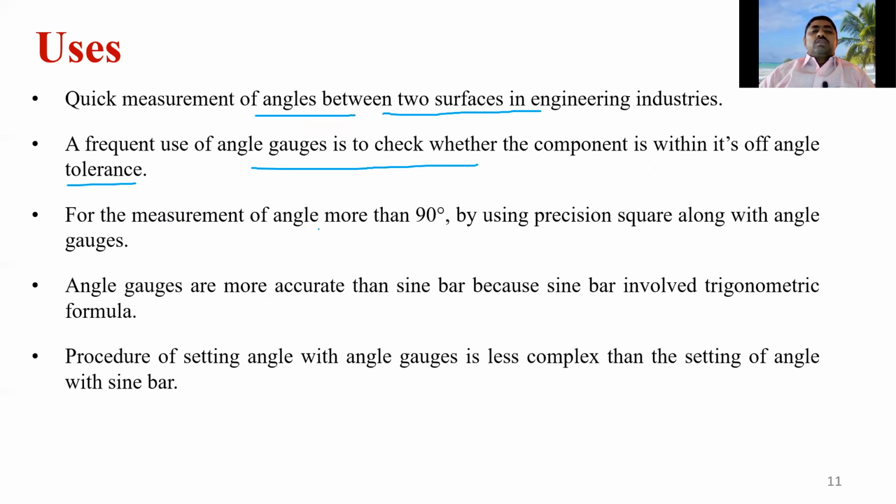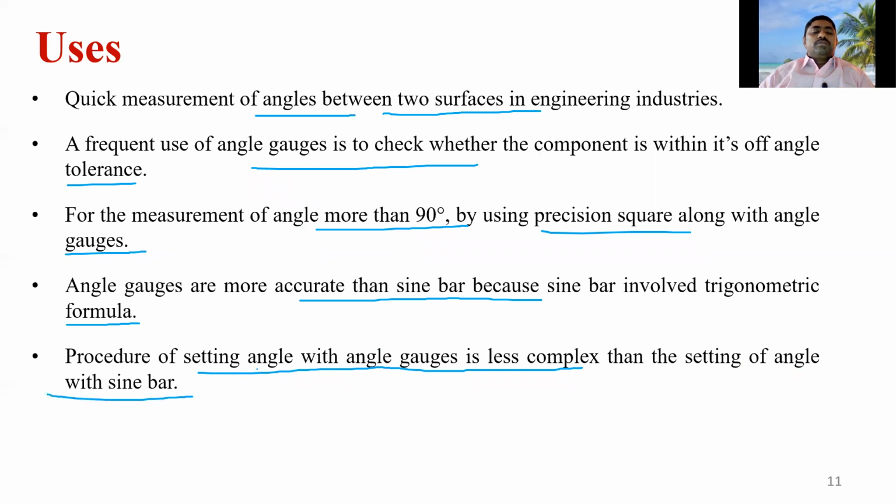For measuring angles more than 90 degrees, we can use the precision square along with angle gauges. These angle gauges are more accurate than the sine bar because the sine bar involves trigonometric relations. Also, the procedure for setting the angle with angle gauges is less complex when compared to setting the angle with the sine bar.